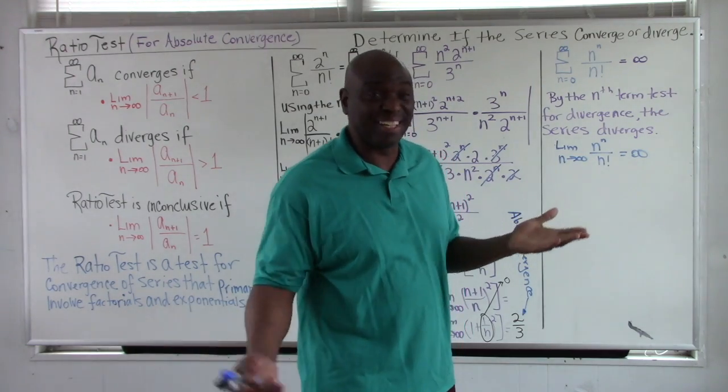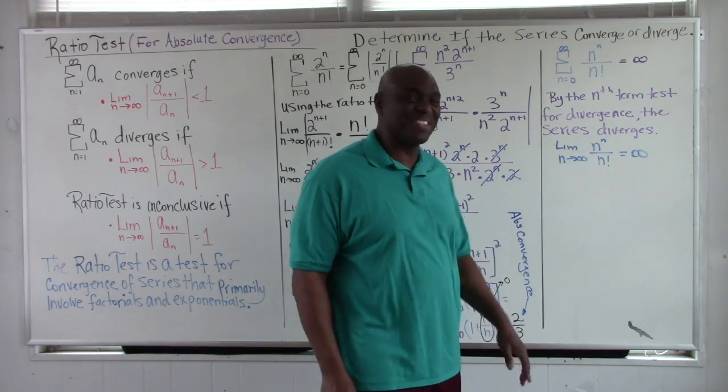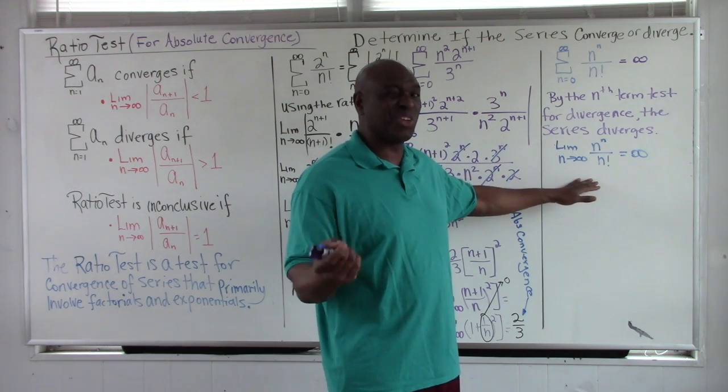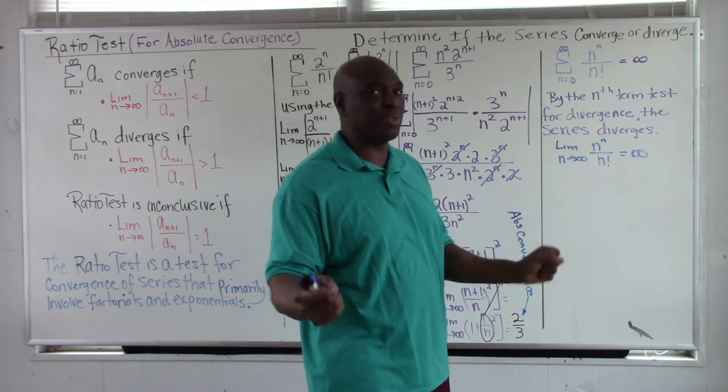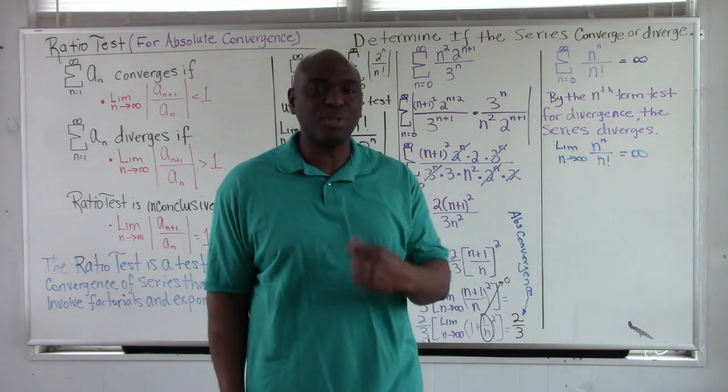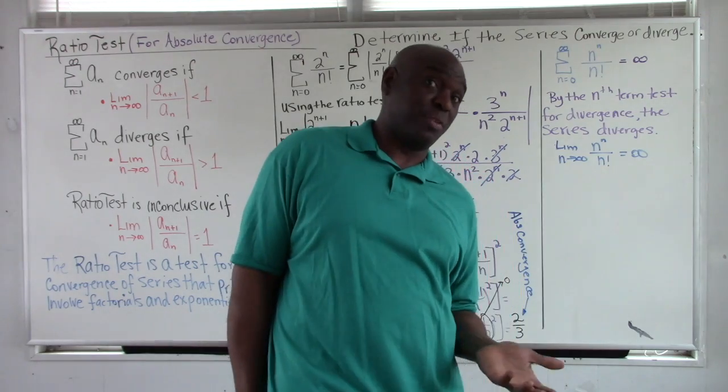The nth term test for divergence states that any value or any expression we get other than 0 implies that the series is divergent. So this series diverges. However, if we want to use another test to prove it, we can.